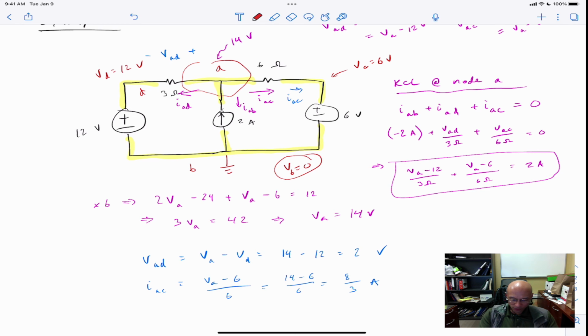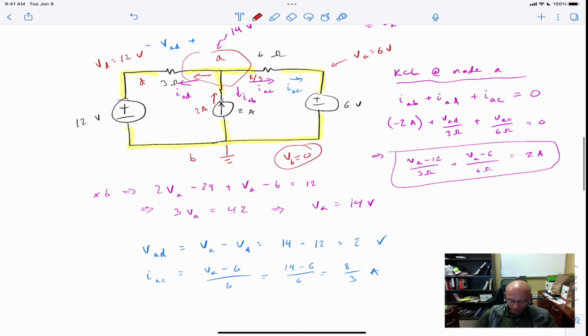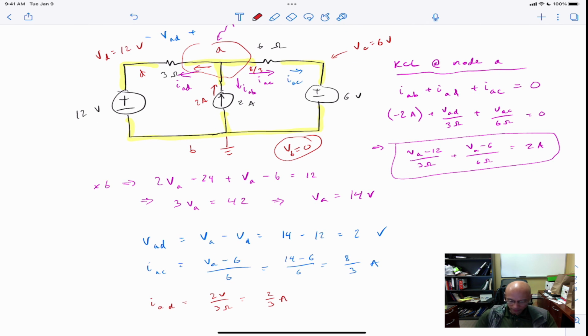Now, we might want to just verify, does this answer make sense? We know that 2 amps goes up here. We now say that 8/3 amps goes this way. So we should expect whatever goes from A to D should be the remainder of 2 amps. So let's just see what happens here. Right, and so the claim here is that IAD and IAC need to sum up to 2 amps, because 2 amps flows into A, and then these other currents, IAD and IAC, leave, so they have to sum up to 2.